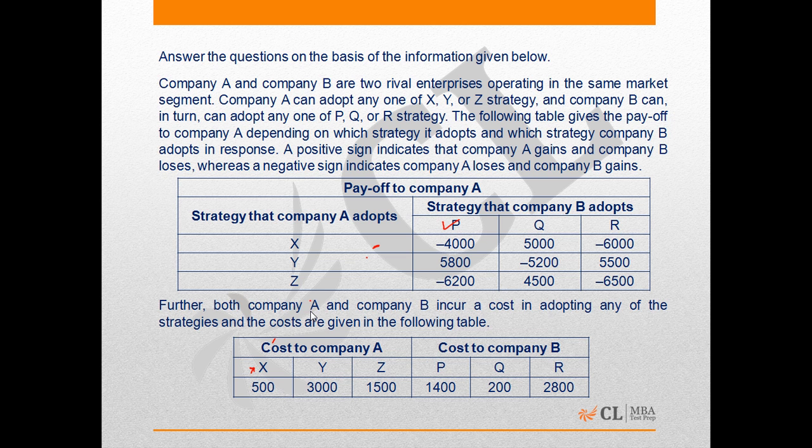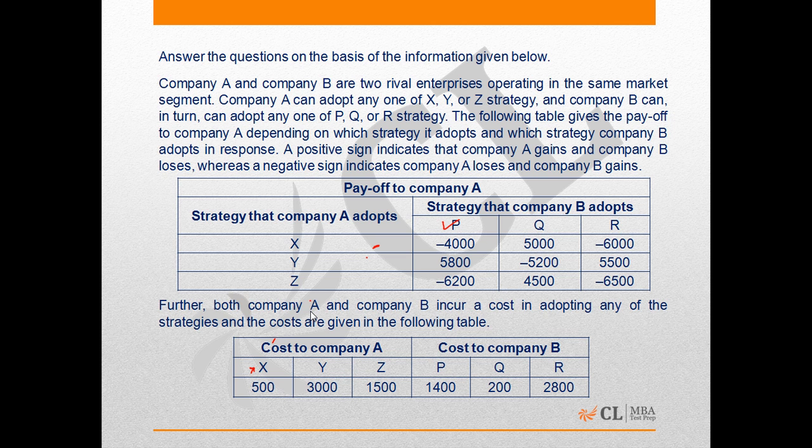If we see the net payoff to A by adopting strategy X, given that B responds by adopting strategy P, it will be minus 4,500, as minus 4,000 is the gross payoff, and in order to adopt strategy X it incurs 500.